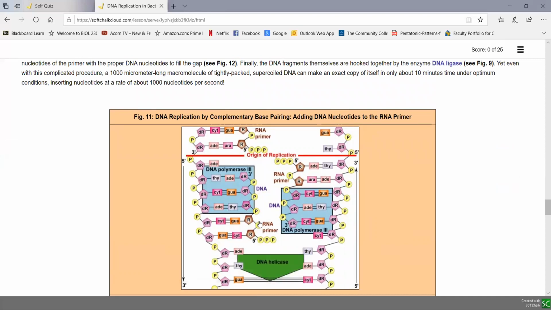so again, here's the strand that's being made in this direction from bottom to top, 5' to 3'. It's being synthesized, and here's the one that's being made complementary to the other strand running towards the bottom. So here's the 2 RNA nucleotide primers that we showed you that were inserted.